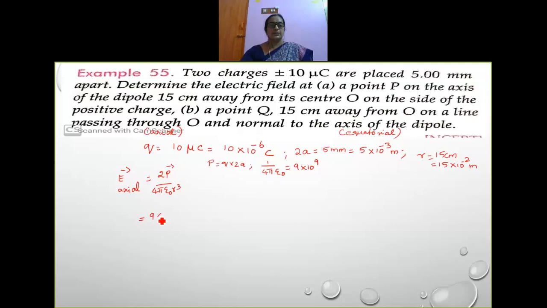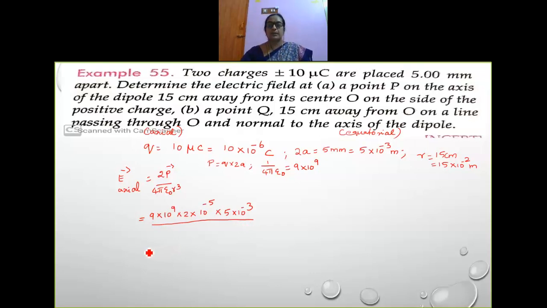1 by 4 pi epsilon naught is 9 into 10 power 9, into 2 into, actually p is q into 2a, right? q is 10 power minus 5, into what is 2a? 5 into 10 power minus 3, divided by, I'm going to substitute r cube.